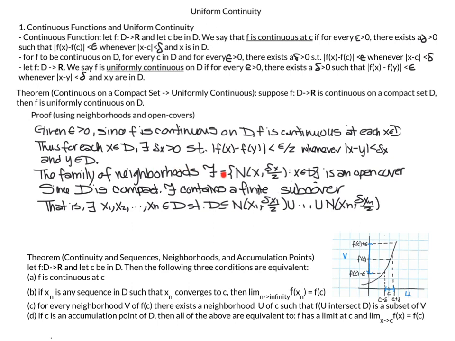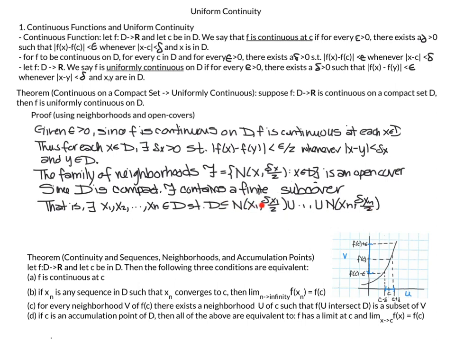Now I have the family of neighborhoods, my script F for family, of the neighborhoods centered around x with a radius of delta x over 2 for x in D, which is an open cover. And since D is compact, that means F contains a finite subcover, that is x1, x2 up to xn in D. Given those, we have a finite subcover.